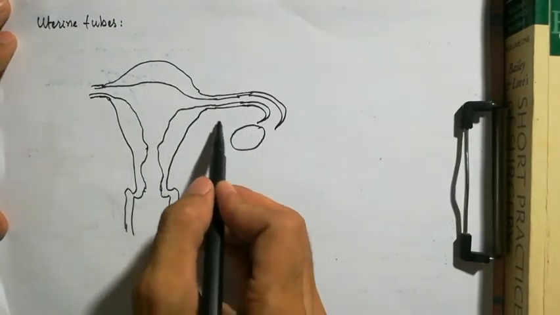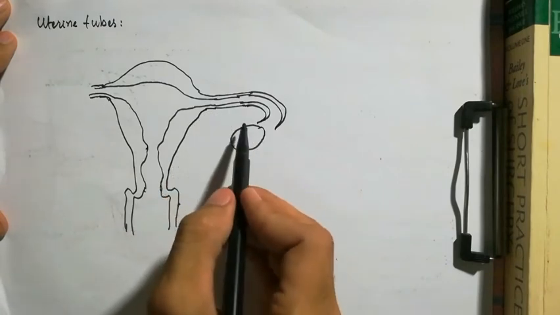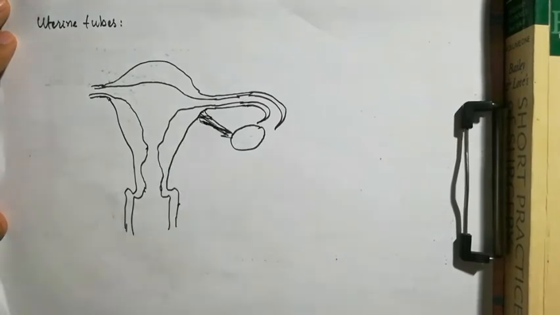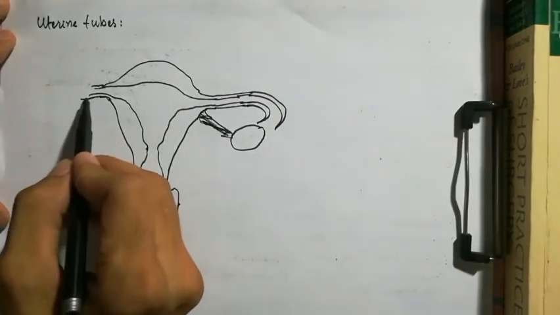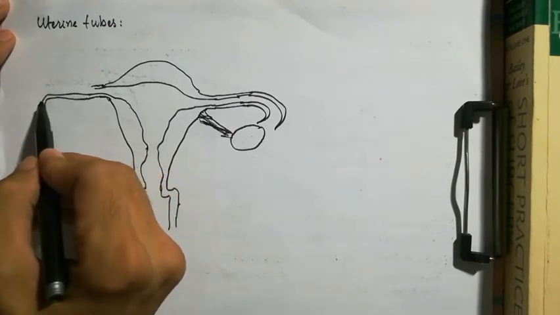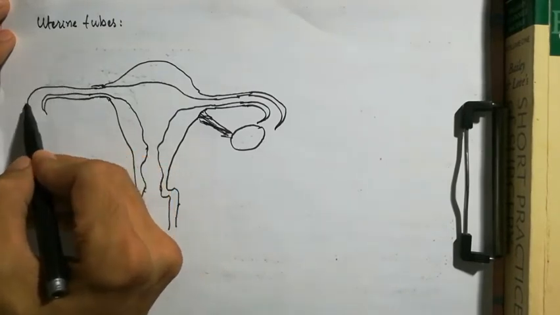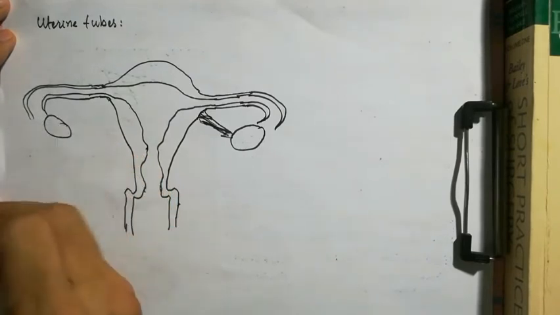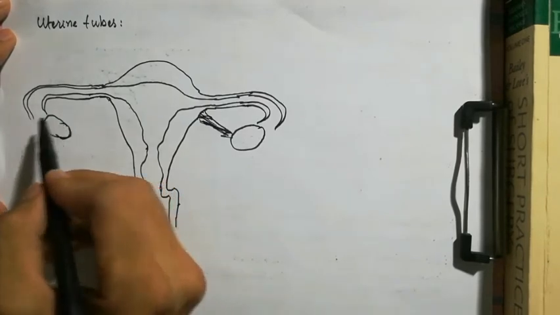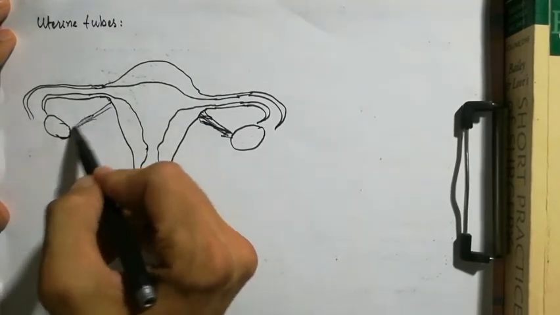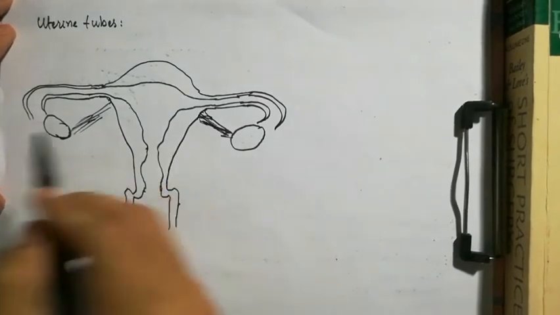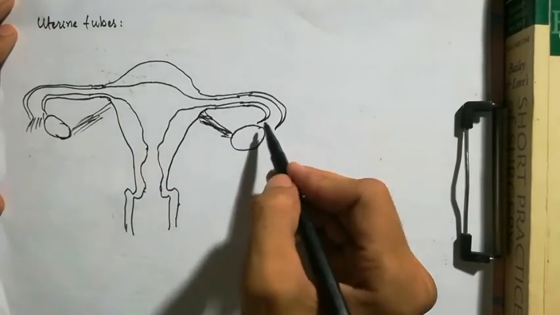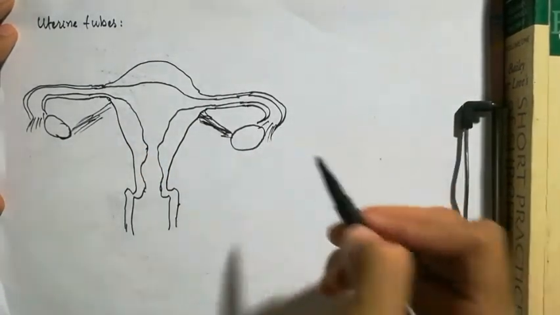and here is ligament of ovary. This is ligament of ovary. In a similar way, this is ovary, another ovary, and this is ligament of ovary. Here are fimbriae, process-like structures called fimbriae.